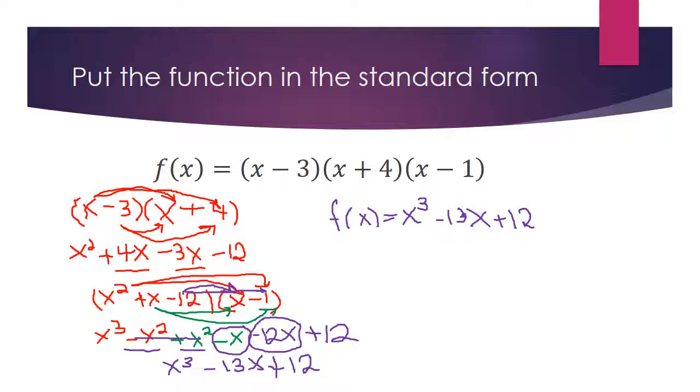This is a cube function in the standard form, and we were able to write the standard form from the factored form. Now, looking at the number of factors here, we have 3 x factors. When we have a quadratic, we end up with 2 x factors. And if we have a cube function, we end up with 3 x factors.